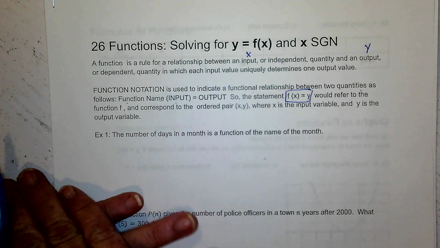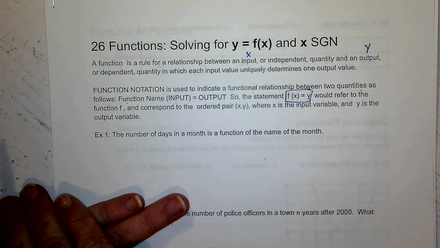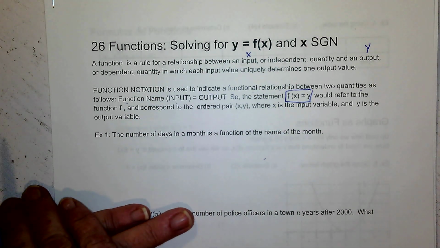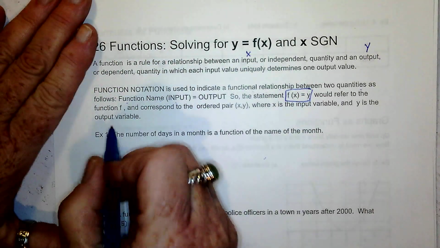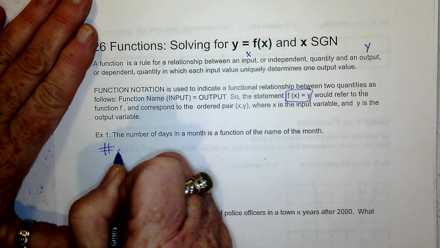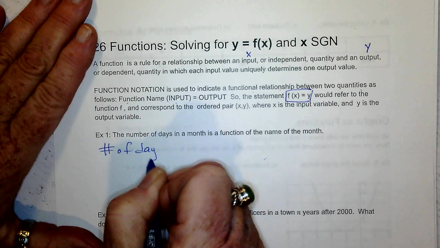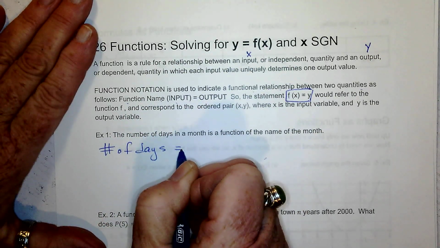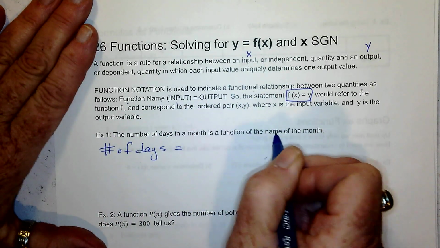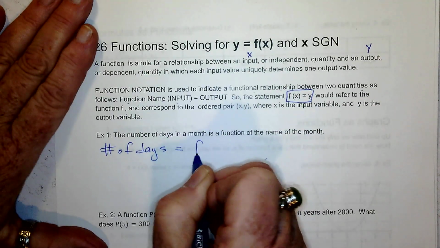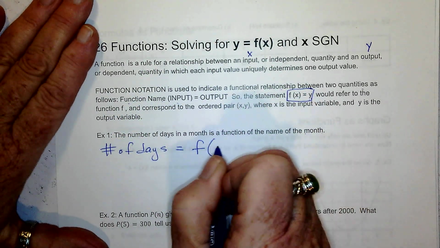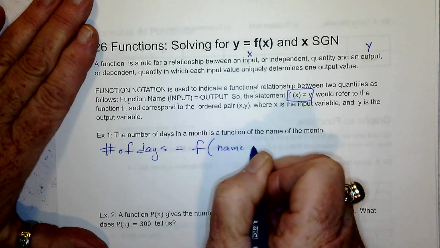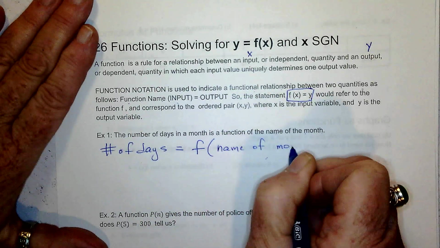So starting off with our first one, to understand the concept of a function. It says the number of days in a month is, so I'm going to write number of days, is means equals, function of the name of the month. So I'm going to write the function name as f, and I'm going to write name of month.